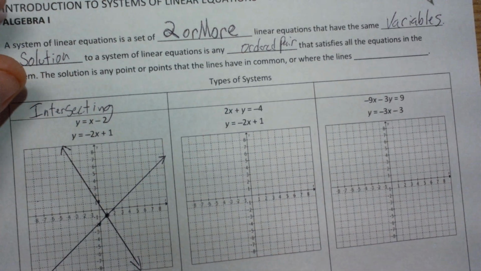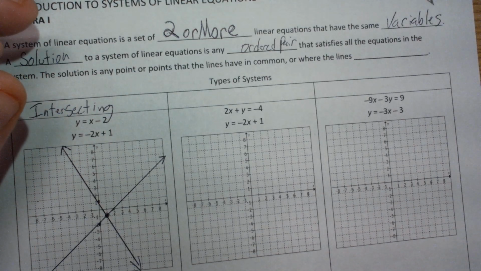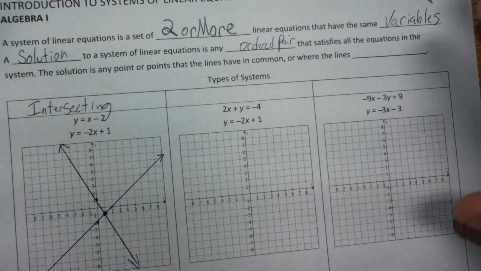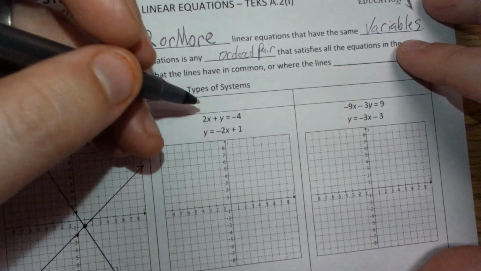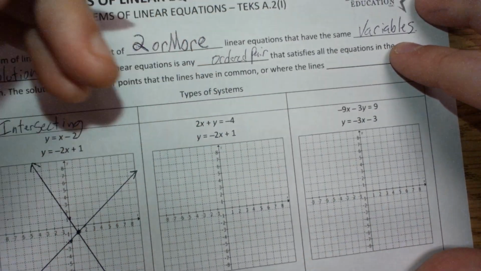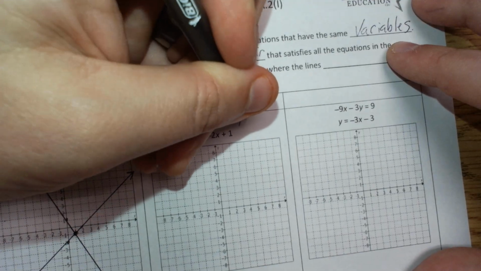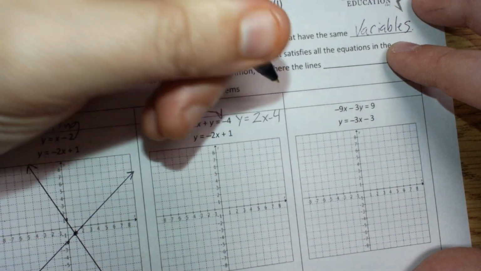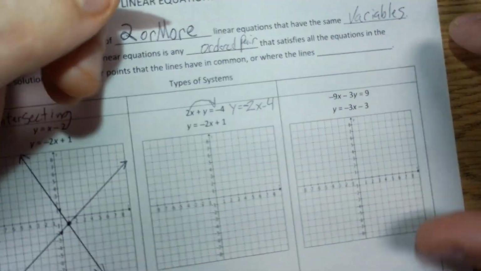Okay, so we'll talk about one solution, no solution, or infinite solutions is kind of how we're looking at it today. And so this next one, I'm moving the x over. When I move this over to the other side, I get y equals 2x minus 4, or negative 2x. I've got to change that sign.